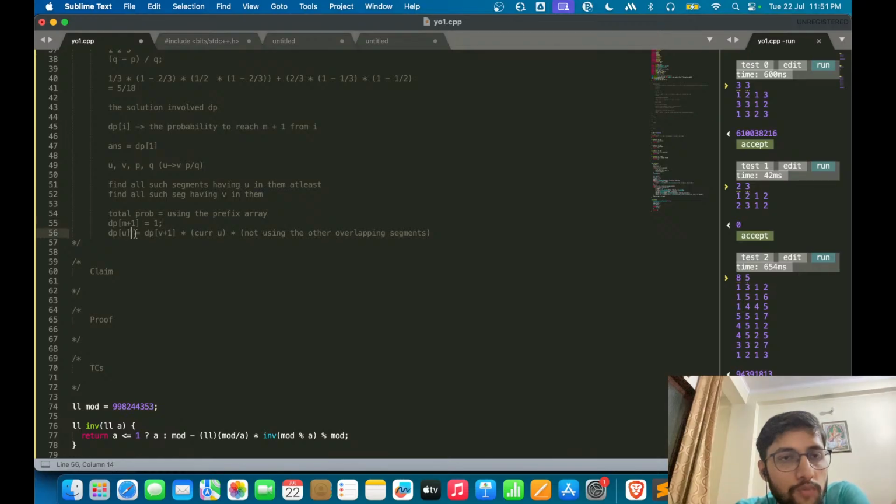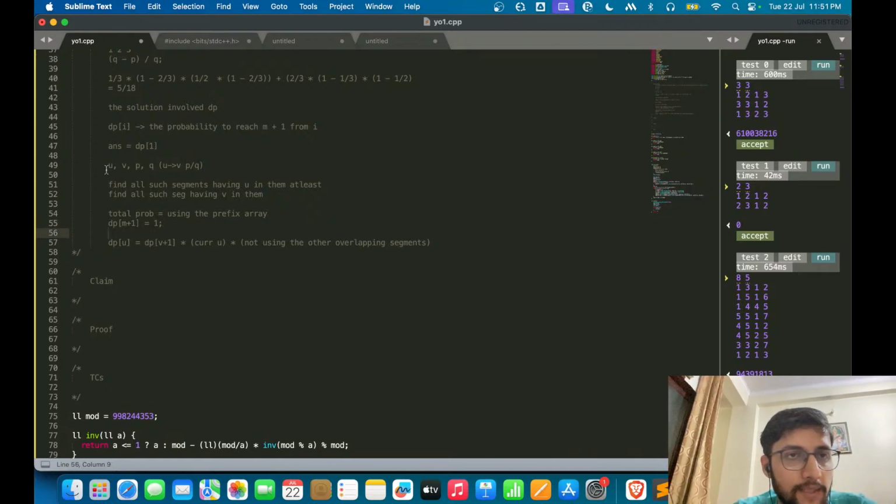So from any segment, right? I defined segments, right? If the current segment is u, v and p and q, then you can reach from u to v, and then whatever is the probability on v plus 1, you can multiply that probability by the current u.